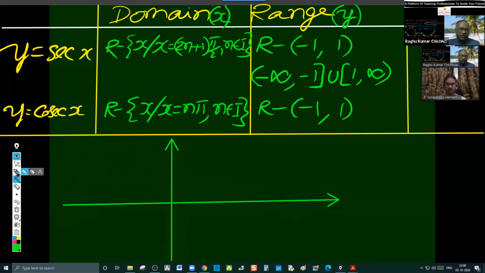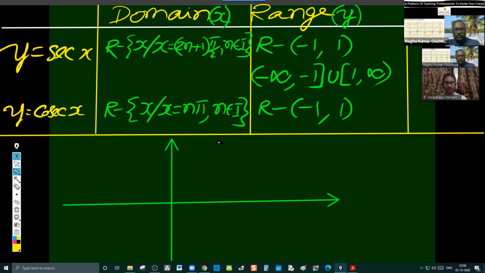Very important point, please. And the discontinuity obviously happens just like tan only for secant x, because both the denominators are cos x. For tan x and secant x, the denominators are cos x only, and hence the discontinuity for these two is the same.